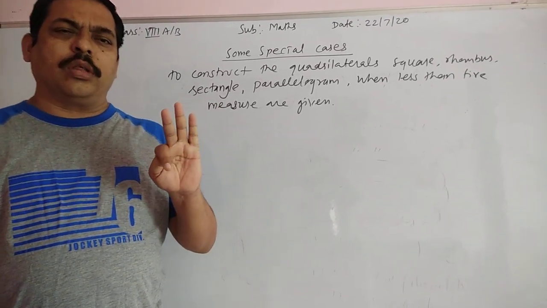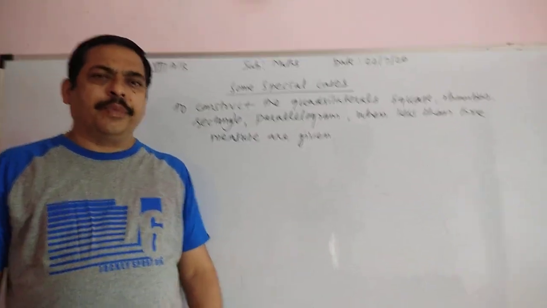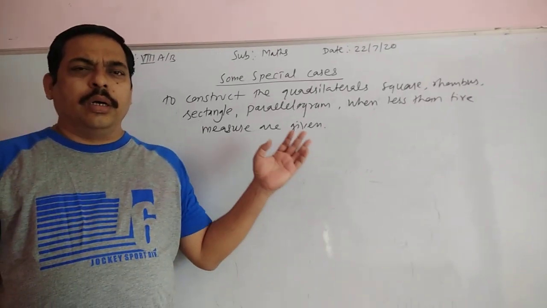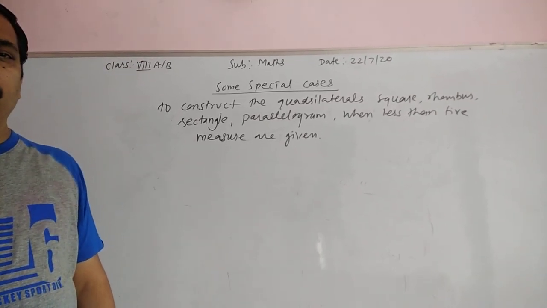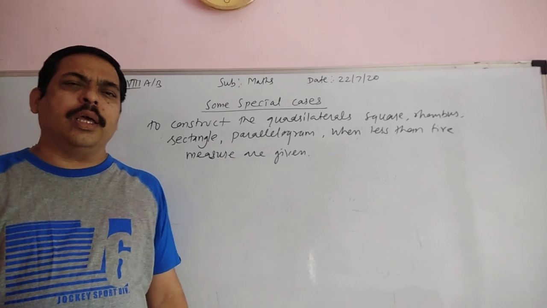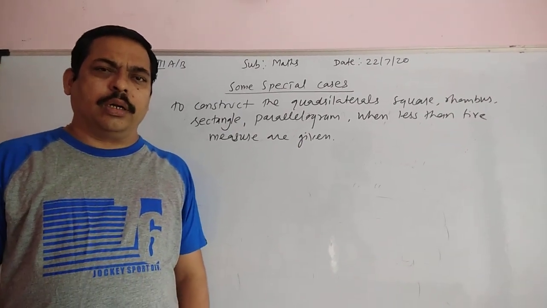If you know 4 things, or 3 things, then you can't draw the quadrilateral. But when the name of that particular quadrilateral is given, even if they have given less than 5 measures, we can draw the quadrilateral.